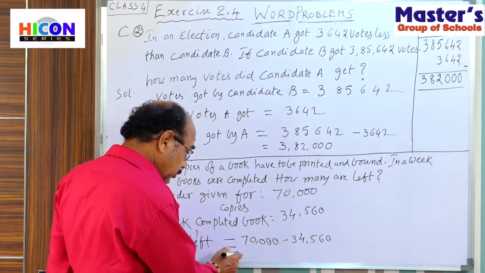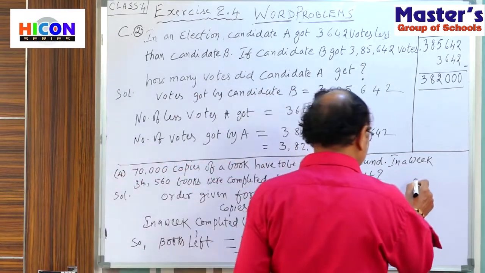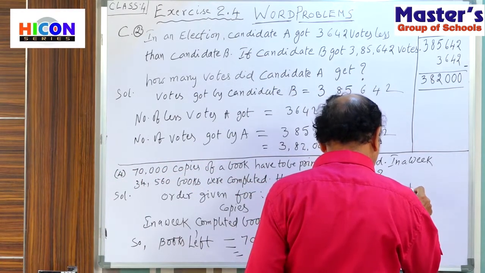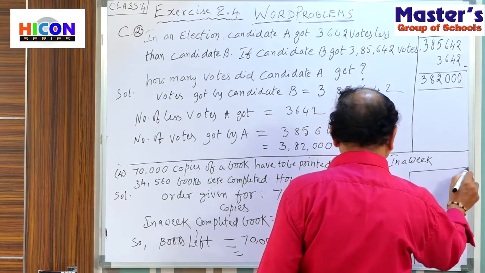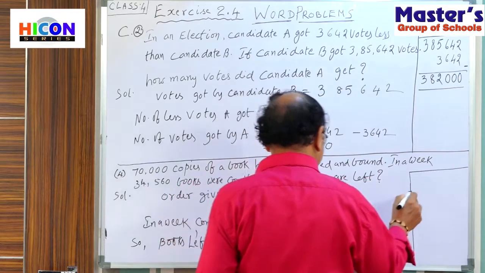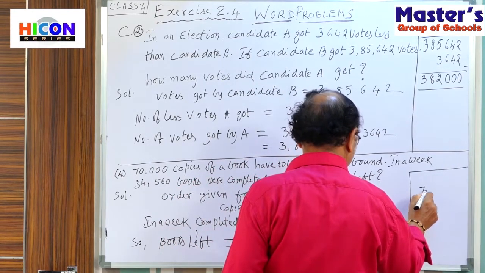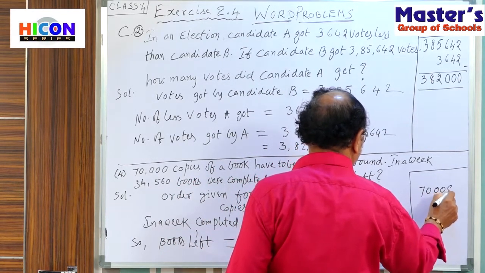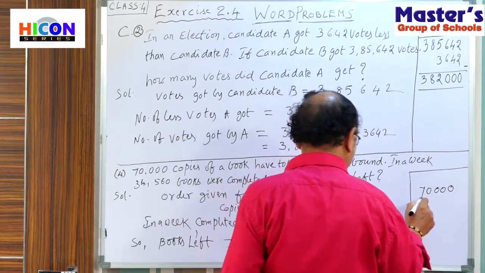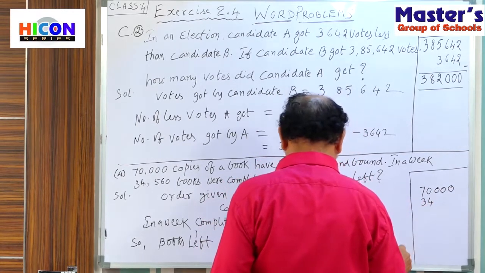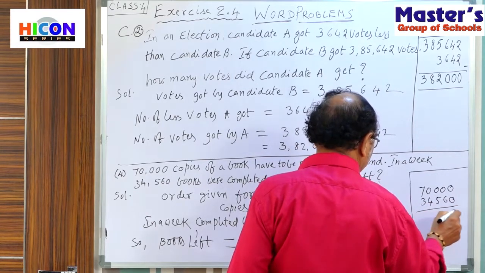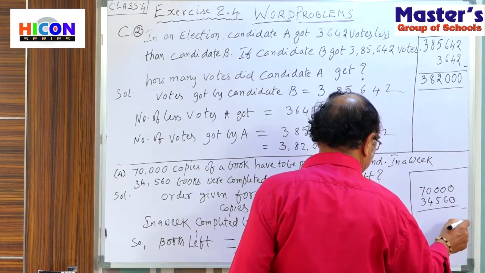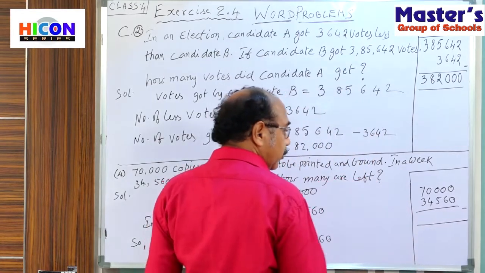Now we show the subtraction in the margin. Subtraction. 70,000 minus 34,560. Subtract.